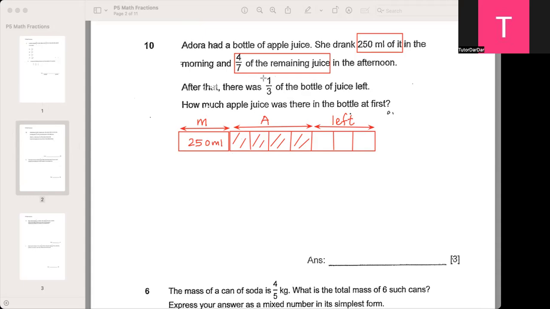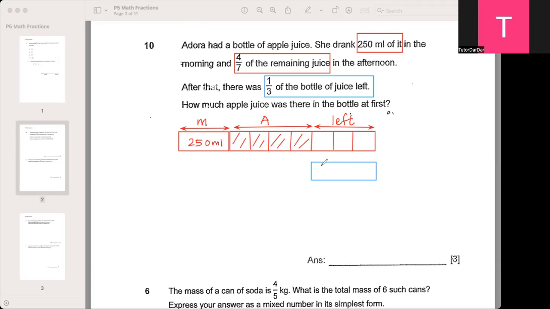After that, there was 1/3 of the bottle of juice left. So you can see whatever is left is 1/3 of the bottle. So we will be drawing exactly the same size as this 3 unit. This is going to be the left. So what are we going to write in the box?